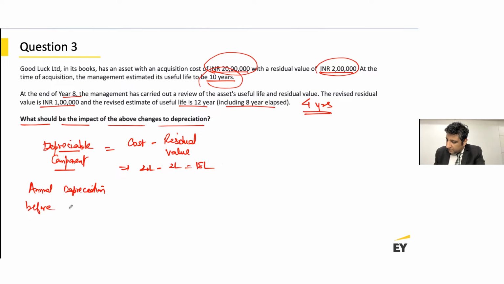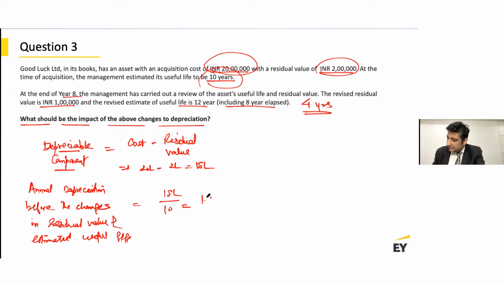before the changes in residual value and estimated useful life will be 18 lakh divided by 10. That brings me 1,80,000 rupees per annum, right?